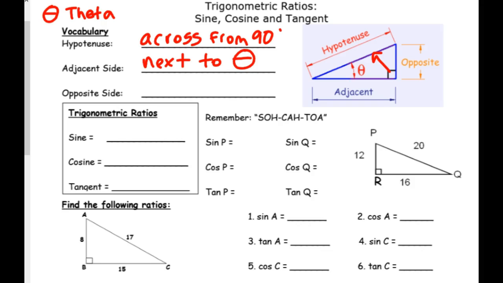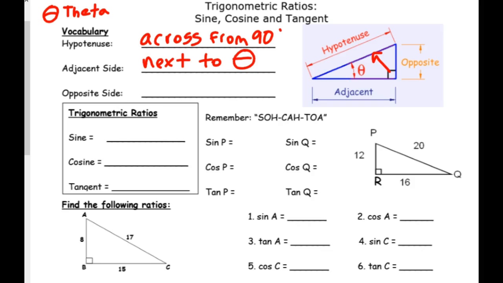Good question. Can't tell you. It's just another letter. You could use X if you want. But I'm just letting you know, if you see theta, that means you have a missing angle. Just a variable for a missing angle.